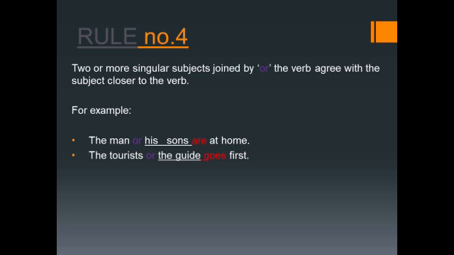So we know that if the subject is plural, then the verb is also in plural form. Second example, the tourist or the guide goes first. Here again, the subject is singular and closer to the verb goes, which means goes is a singular verb. So singular subject has singular verb.